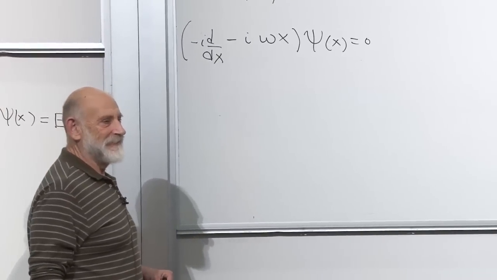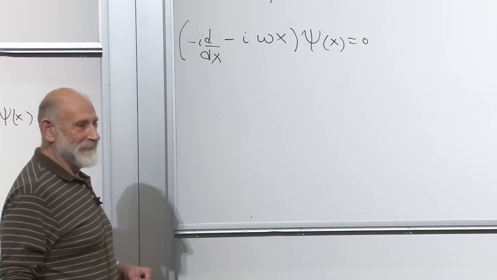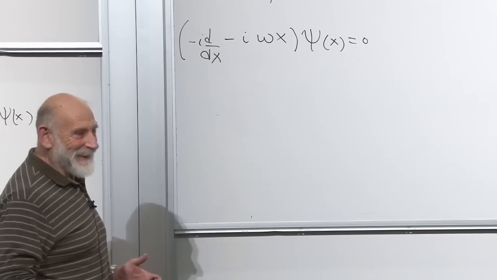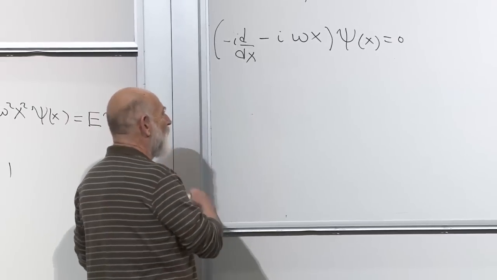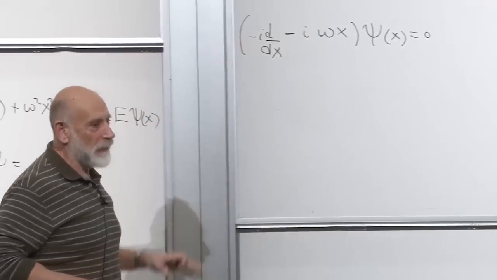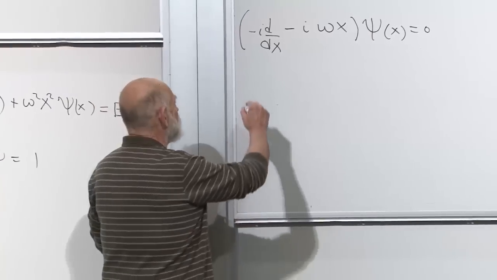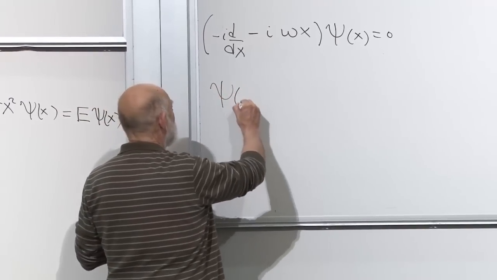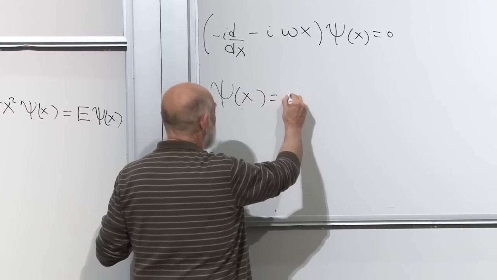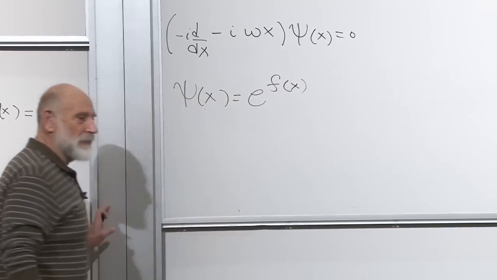So the equation comes out as a derivative over a, but it's the form of a logarithm. All right, so this happens to be the kind of equation that you solve. You can solve it in many ways, but one way of solving it is just to write psi of x is equal to e to some f of x, and try to figure out what f of x is.